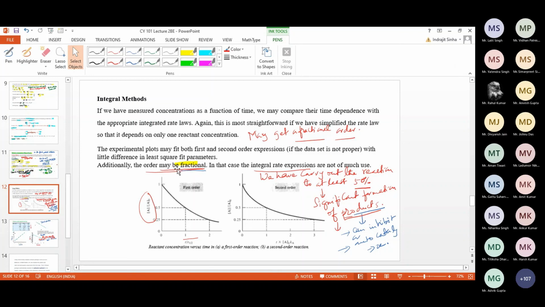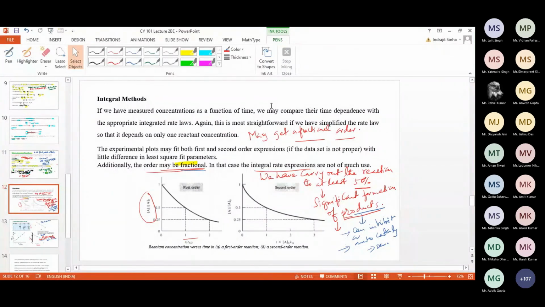But there is a problem, and this is something that we will discuss in detail in the next class, because it is already 8:55. I think your class is only up to 8:55. Yes, sir. The integrated rate laws are derived based on, say, zero order, first order, second order.